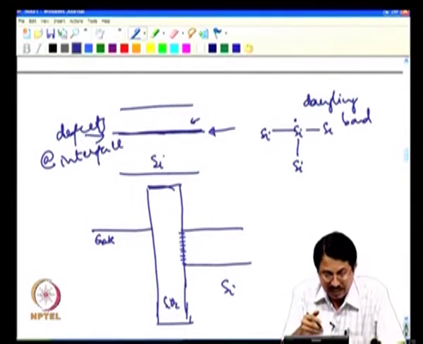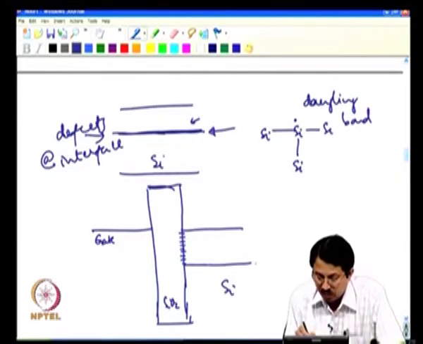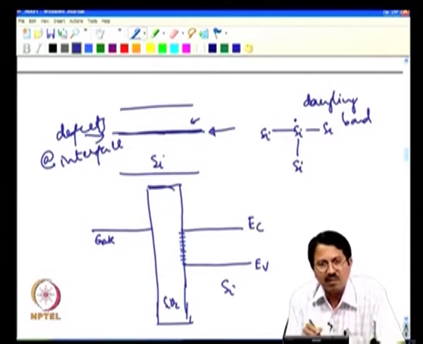Those physical defects in turn translate energetically to traps closer to the valence band, traps closer to the conduction band, and traps anywhere in the middle of the band gap.